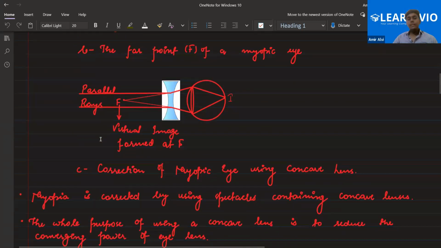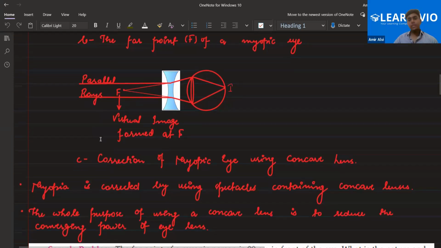To correct the myopic defect, we use a concave lens to decrease the converging power, because diverging is the opposite of converging. We want to reduce the converging power, so we introduce the concave lens, which will decrease the converging power of the eye lens. Am I clear? Yeah.